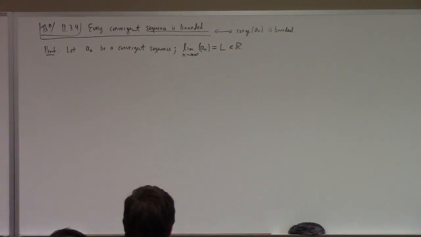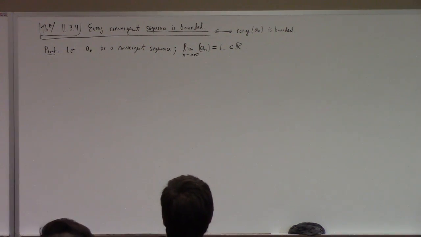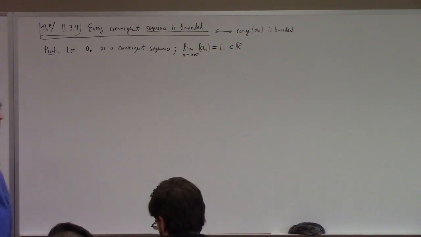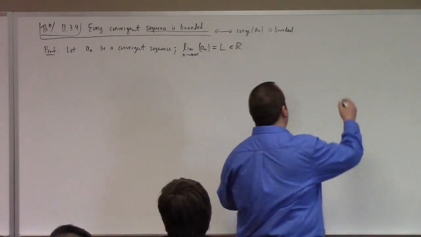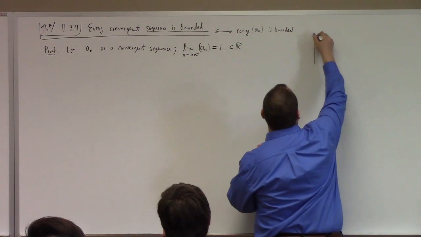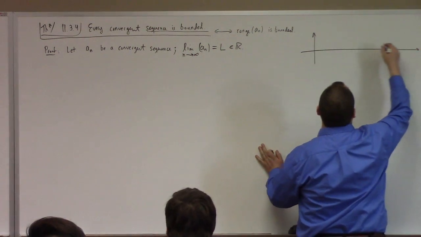So what does this entitle us to? I can draw a picture to tell you what we're going to do. Once I draw the picture, the proof is obvious. Really not that hard.